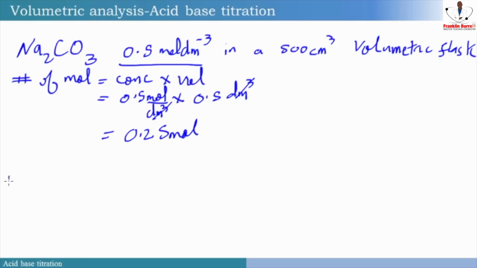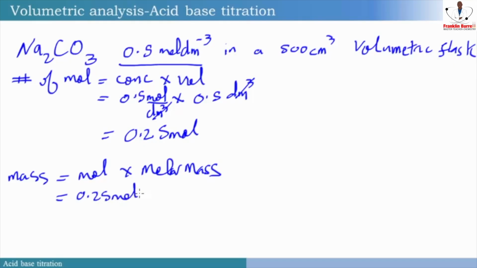So, mass equals moles times molar mass of sodium carbonate. So it is 0.25 moles times the molar mass of sodium carbonate, which is 23 times 2 plus 12 plus 3 times 16.